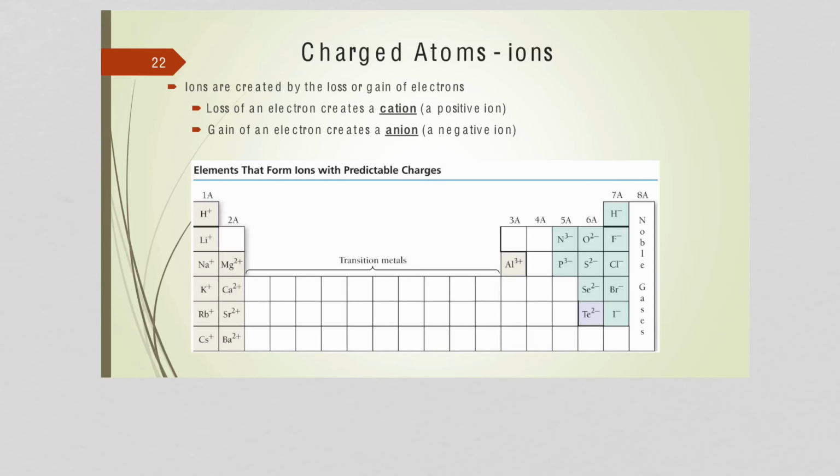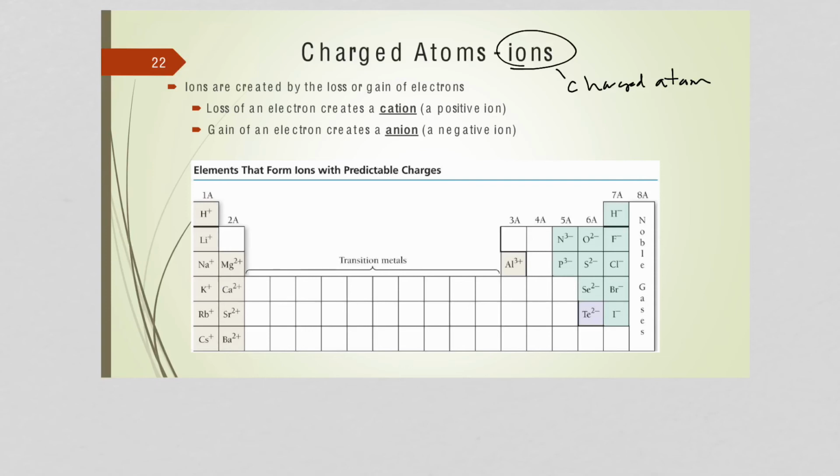Now, one other characteristic of atoms that we want to talk about is their ability to turn into ions. So an ion is simply a charged atom. Now, how do atoms become charged?